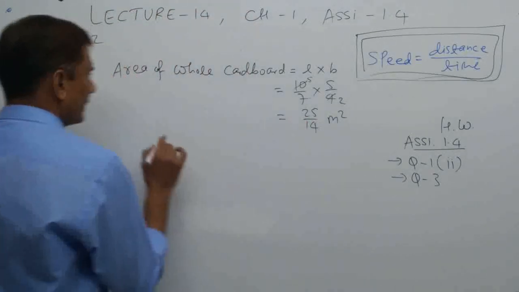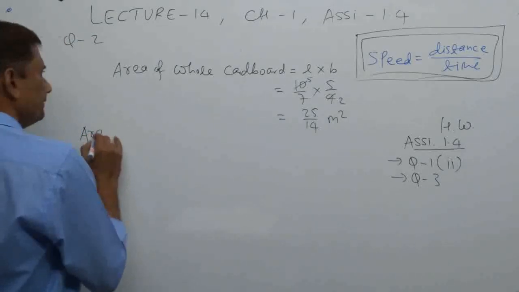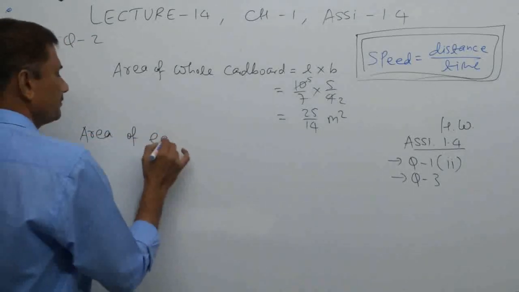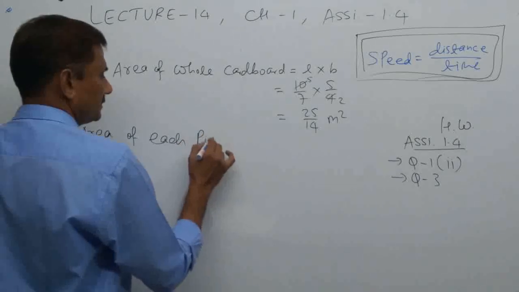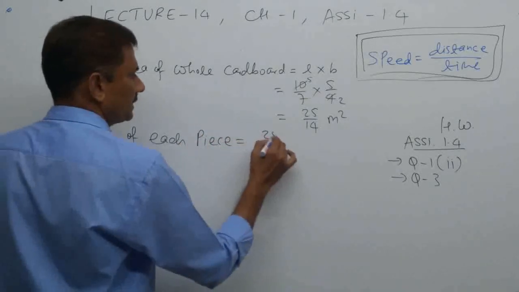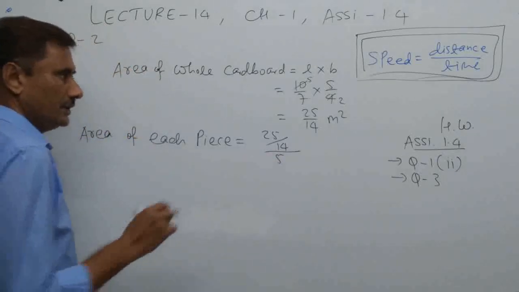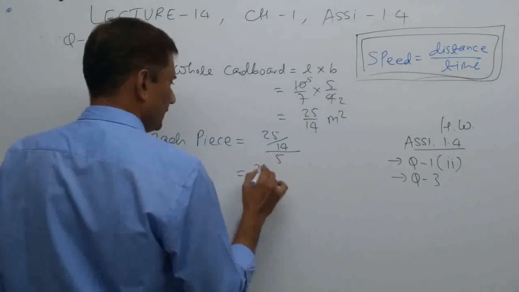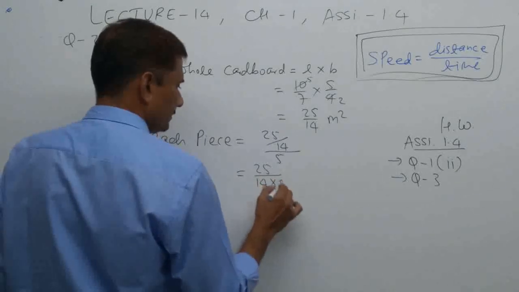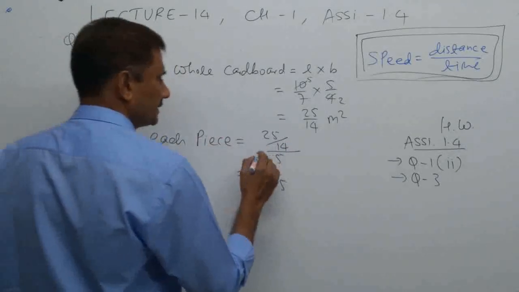So divide by 5. The area of each piece is equal to 25 by 14 upon 5, meaning 25 upon 14 into 5. Both denominators come here. This is the main line.